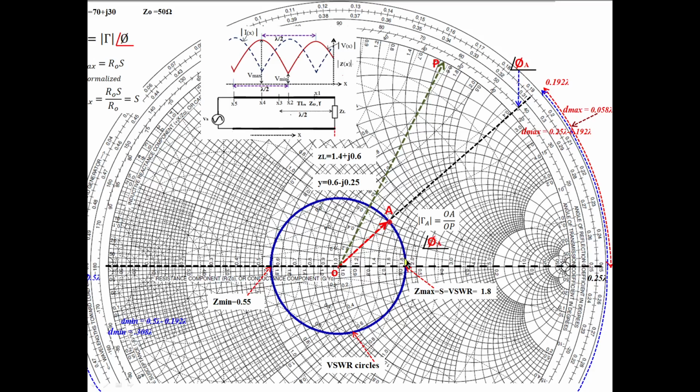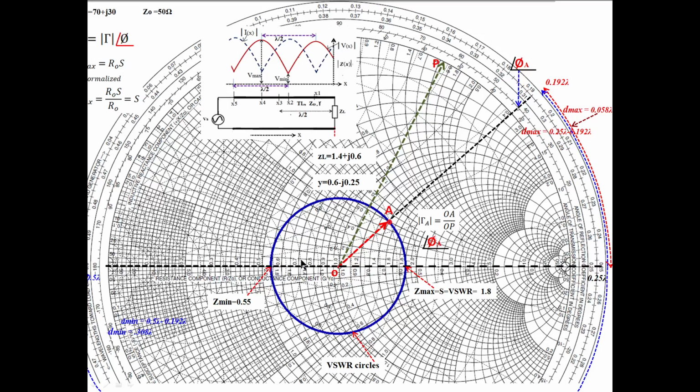You move on the VSWR circle and stop wherever it cuts the right side. That is the maximum impedance you can observe. You draw a line passing through that point, and measuring the distance from here to here gives the maxima. Maxima always occurs wherever the VSWR circle cuts the right side. Similarly, minima occurs wherever the VSWR circle cuts the left side.